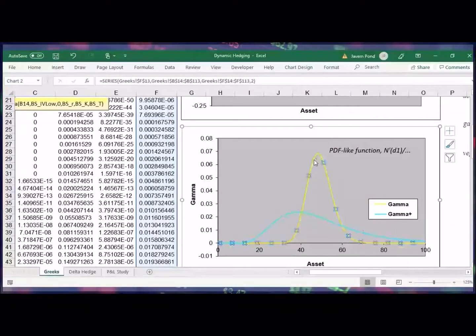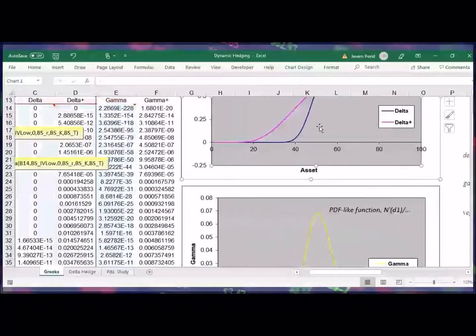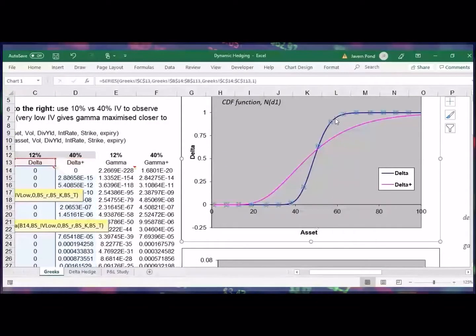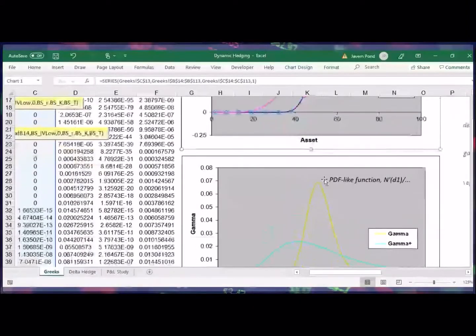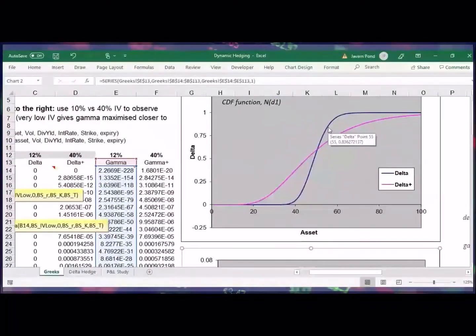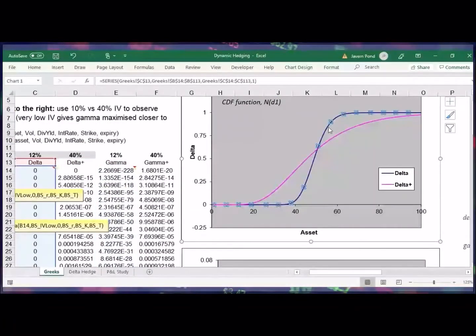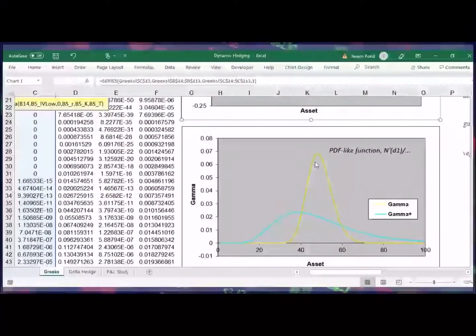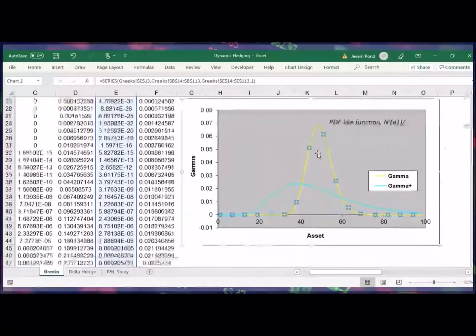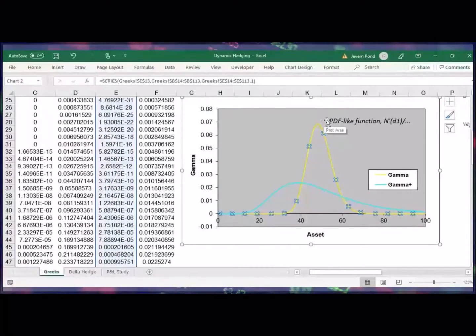And then the delta of the 12%, which is in the dark blue, has the gamma here corresponding in yellow. So 12% vol has this delta and a lot of curvature because it's rising fast, which means we have a very peaking gamma.